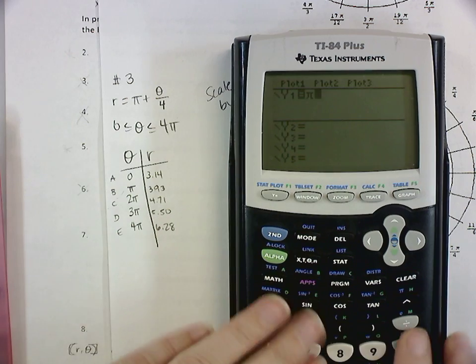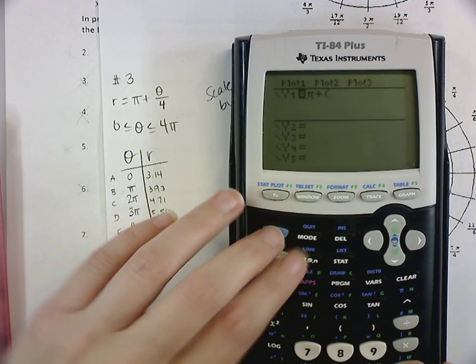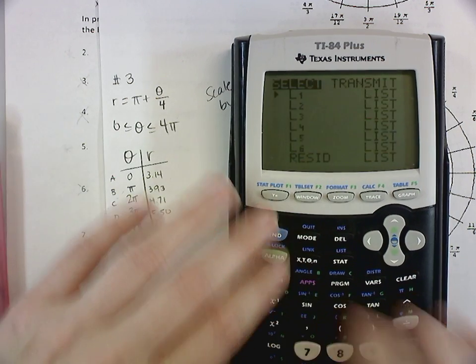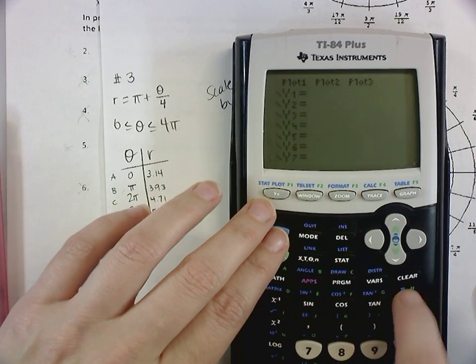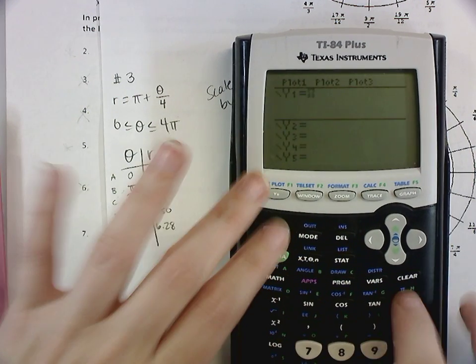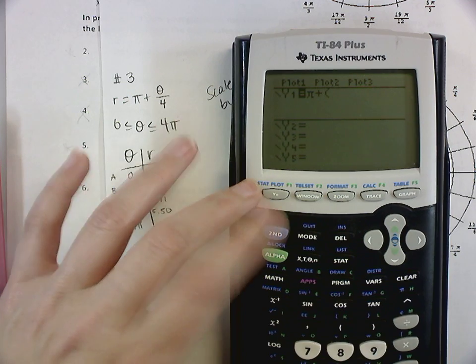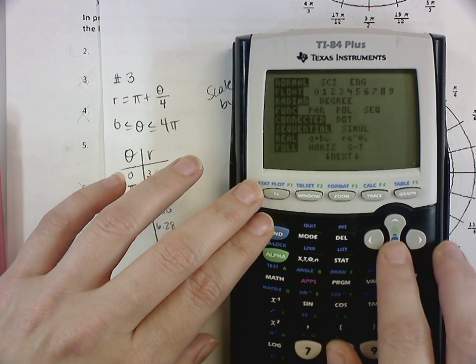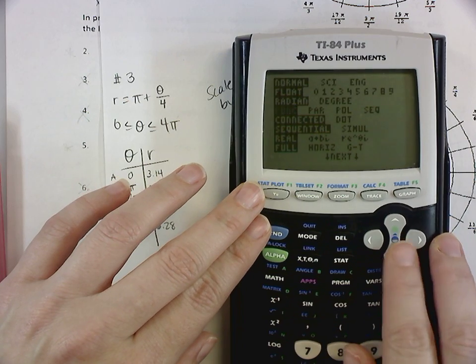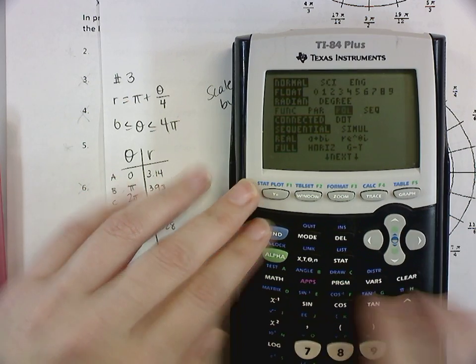So if you do pi plus, and then in parentheses theta divided by 4. Let's make sure I am in polar, radian.